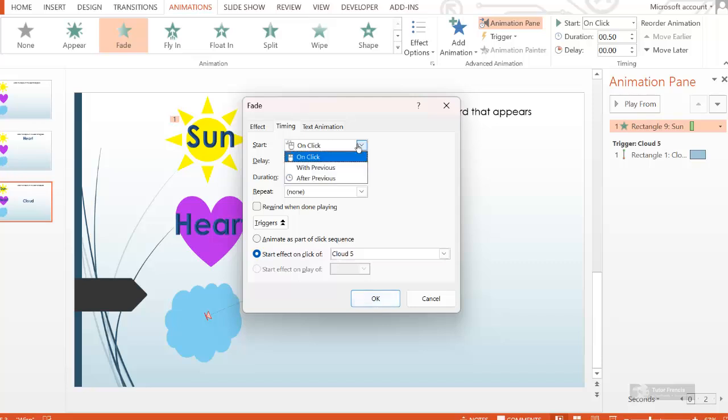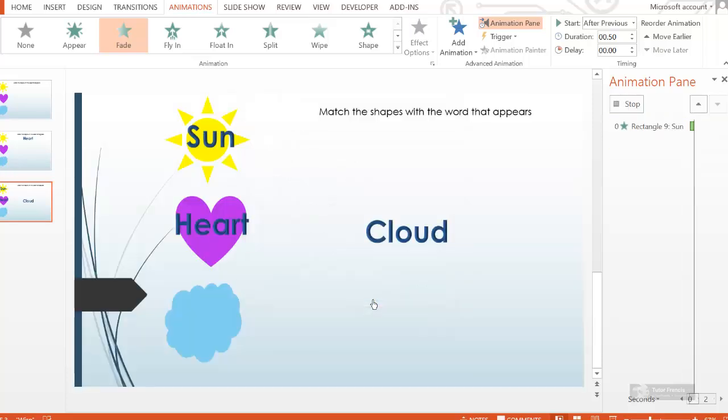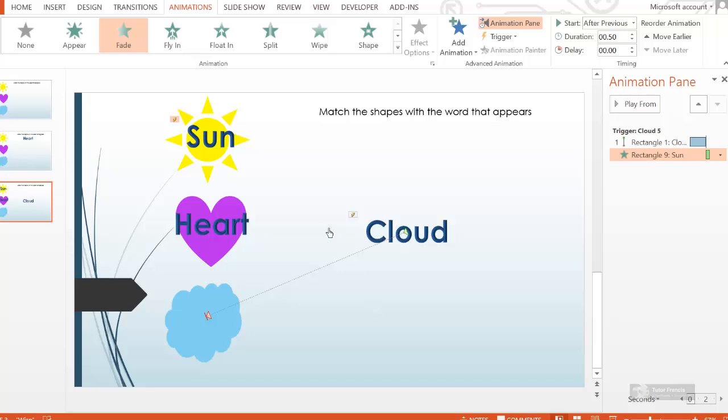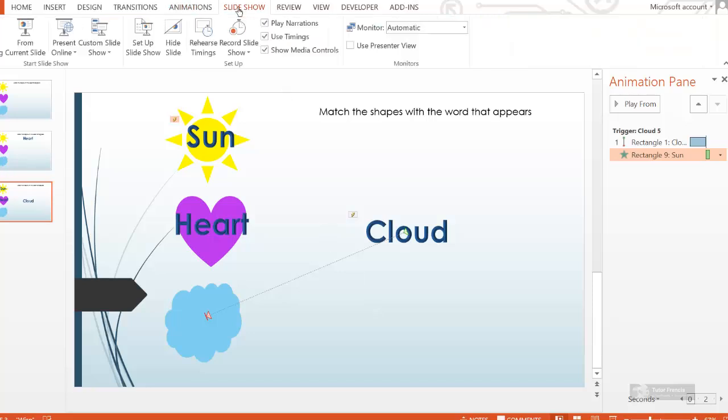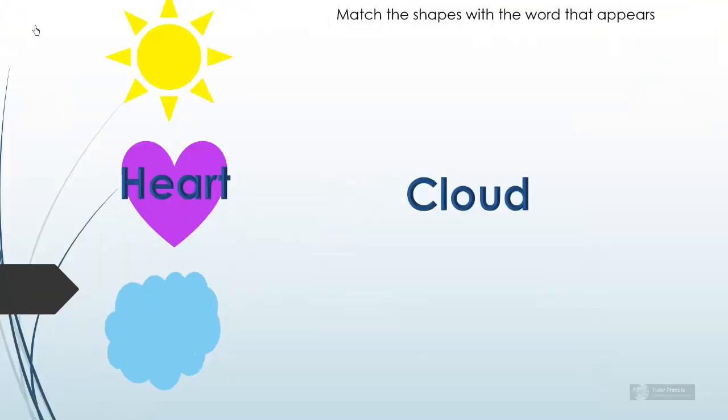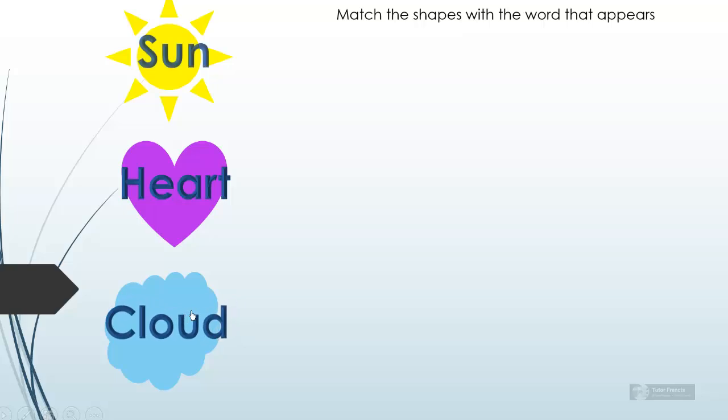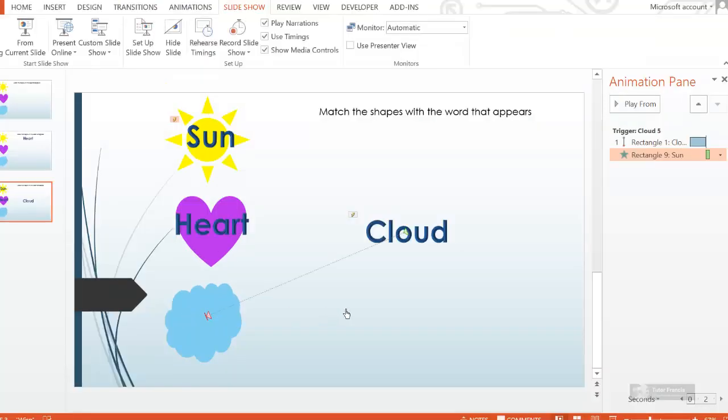So it should happen after the previous one. Okay. When you click on the cloud icon. So let's go to slideshow and see something. So we are here. The user can click this. This comes and this comes. It has finished matching. Then let's come back.